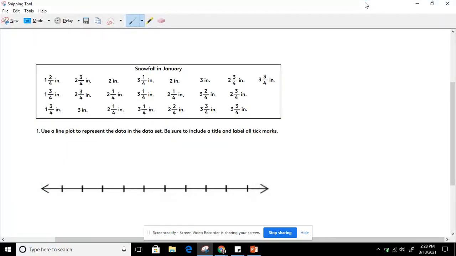So number 1 says to use a line plot to represent the data in the data set. Be sure to include a title and label all tick marks. So we're going to start by giving it a title and labeling the tick marks. Here's our data set at the top in the box. The data set is snowfall in January, so we can use that same title for our line plot. So we would label that. Let me grab a different color so it stands out.